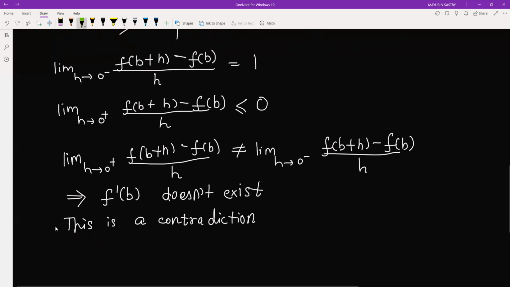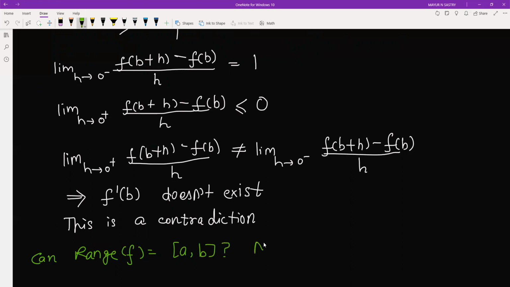Now, coming back. So the range cannot be minus infinity comma b closed. Can the range of f be equal to closed a comma b? Clearly not, because the same analysis works as above.